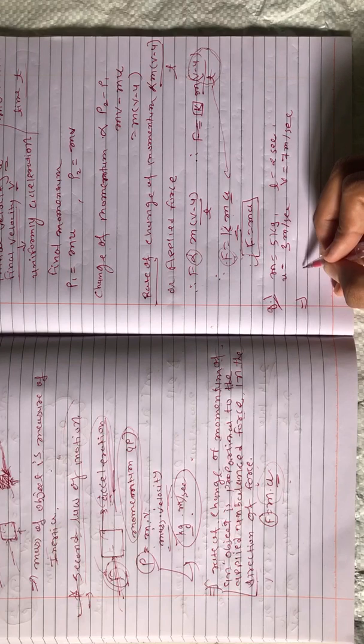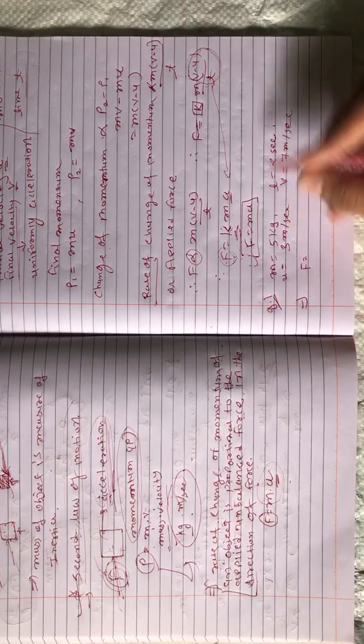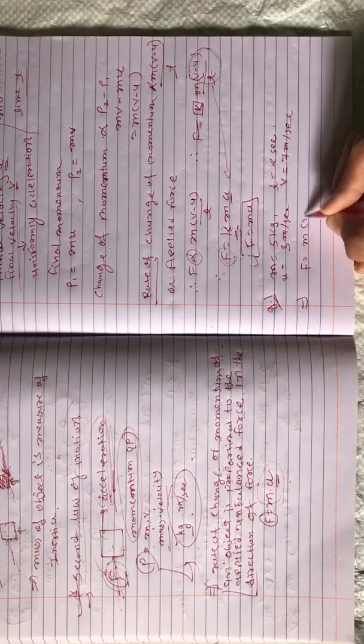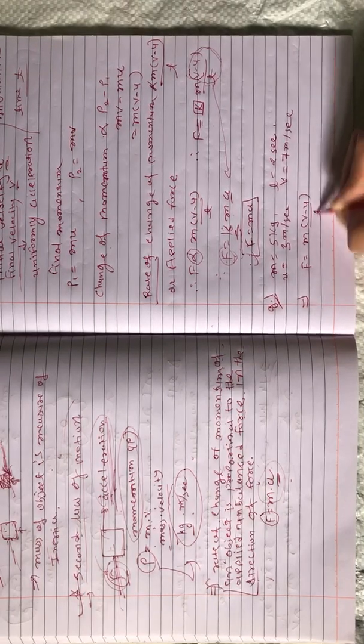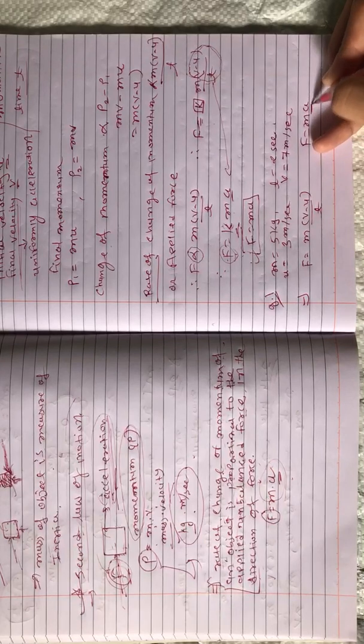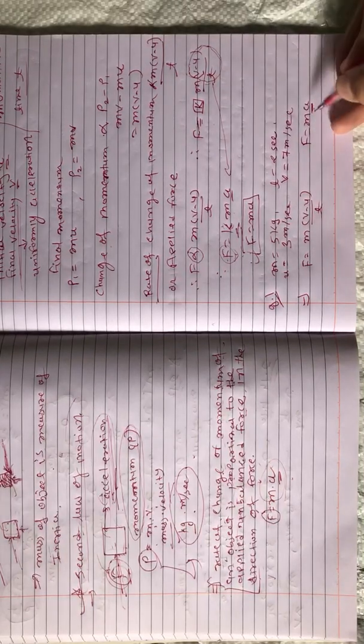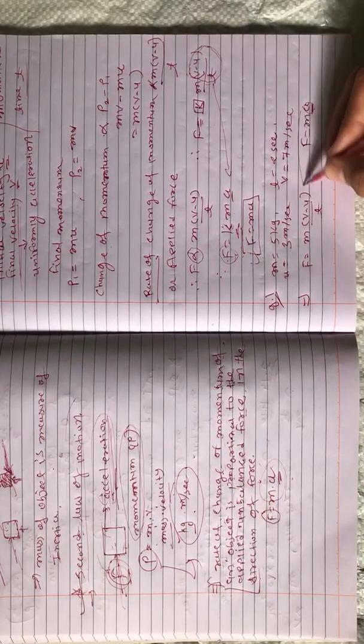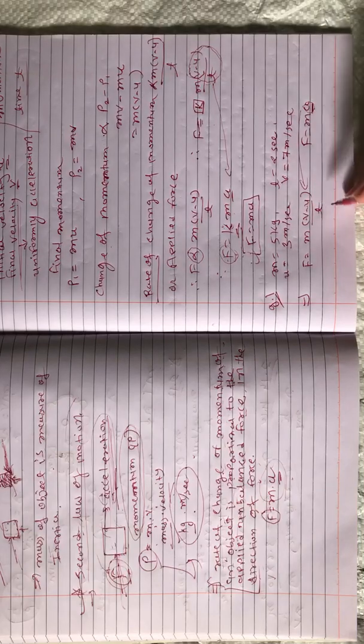First, apply the force. F is equal to m times v minus u divided by t. The equation will be the same: F is equal to ma, but we don't know the value of a. Therefore, in place of a, we can write v minus u divided by t. Using this concept, the value of F can be found.